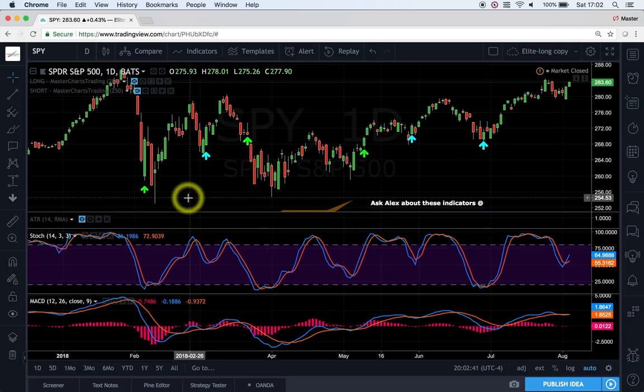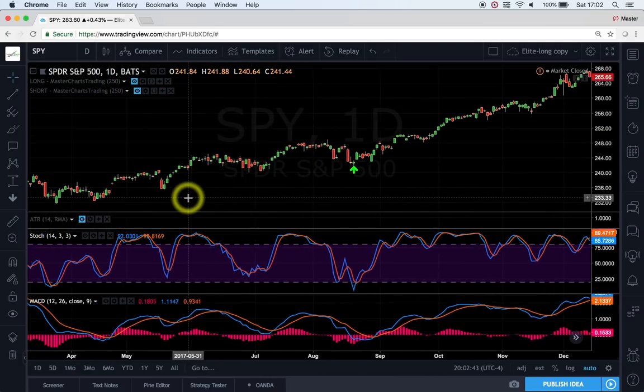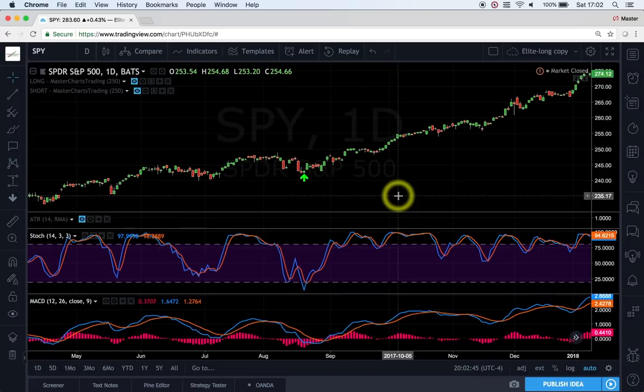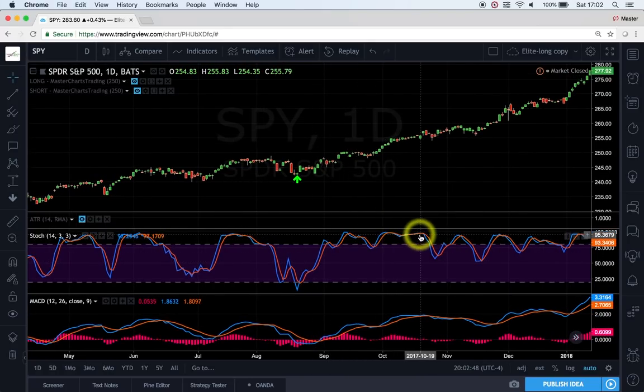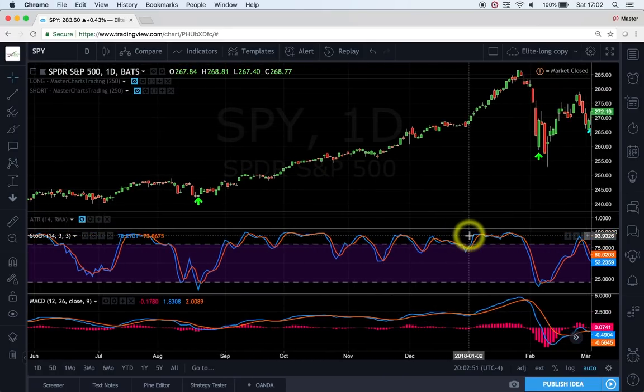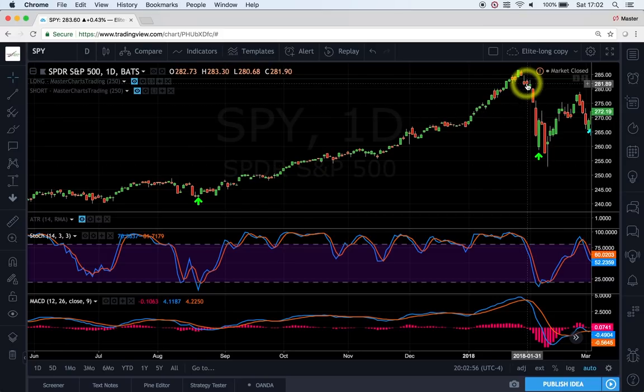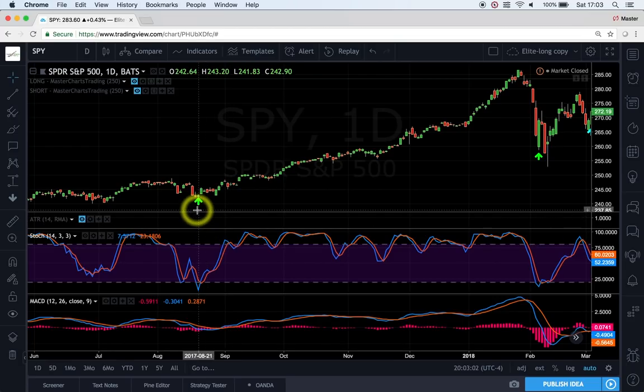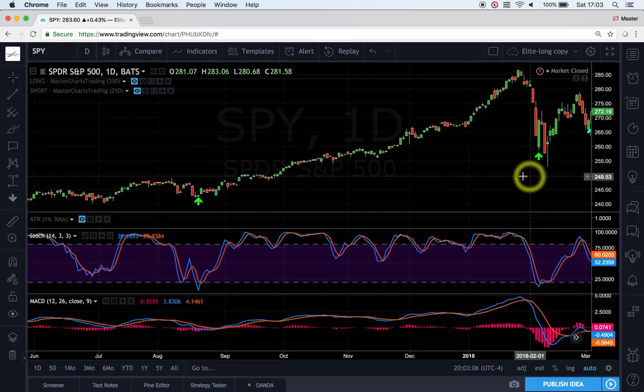So here, if we go back a little bit, you can see that overbought can remain for prolonged periods of time, and it pretty much is a meaningless concept. You can see that overbought was basically from October or August of last year to January of this year.